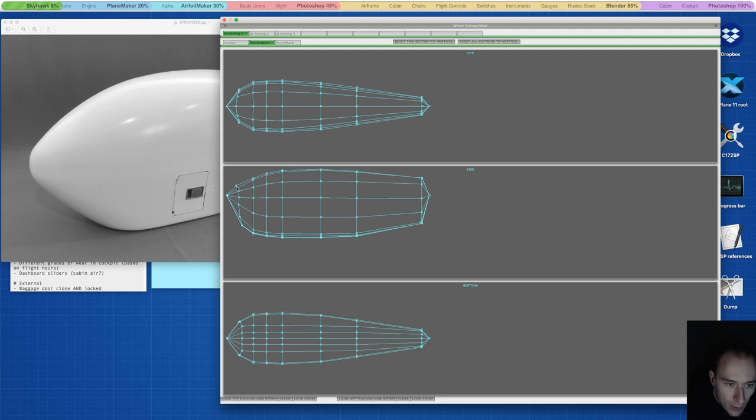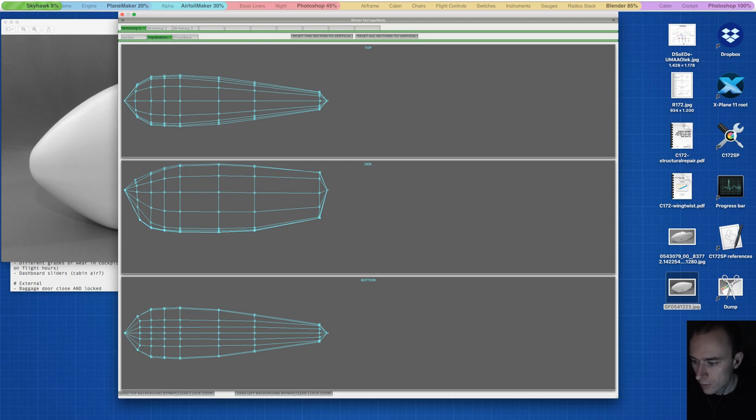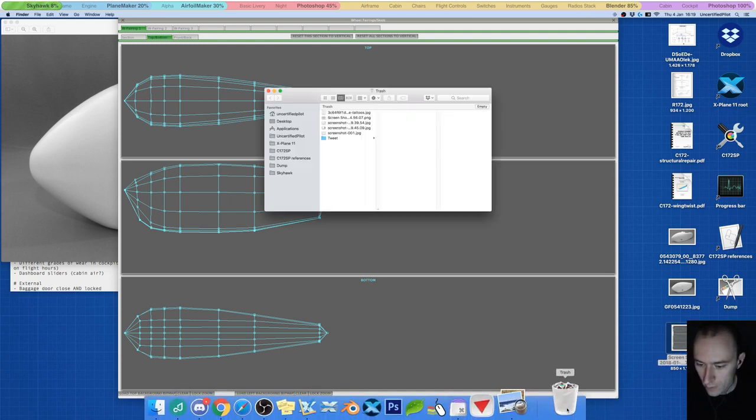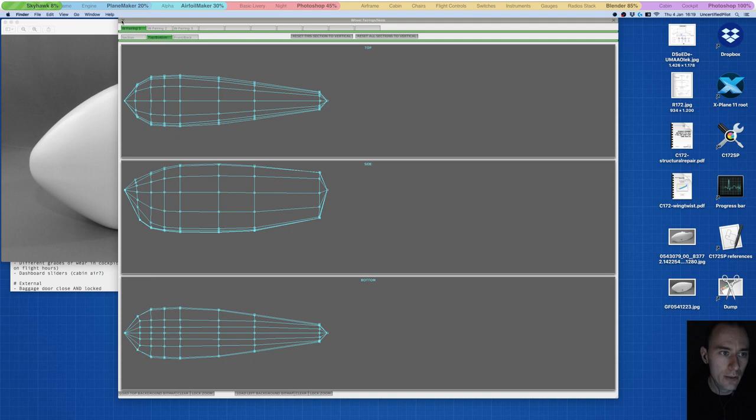Yes. Again, where's that screen dump? Let's remove it. Again, let's tweet out that we're making progress here.